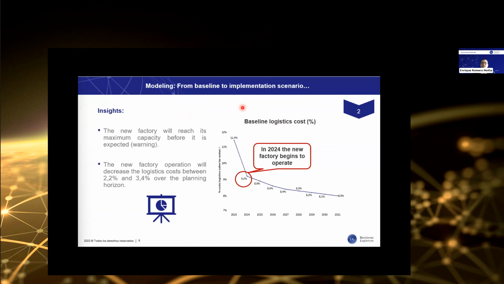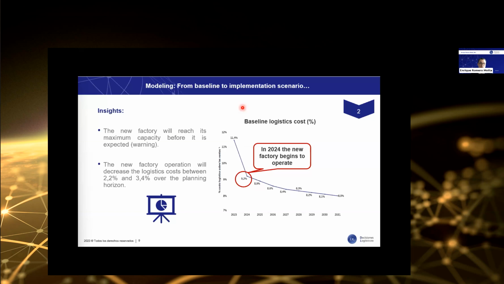We already checked here, in a percentage scale, the baseline logistics cost, and we noticed how the new factory decreased that logistics cost in an important fashion, something like between 2.2 and 3.4 percent, which is a really important amount, considering the business, the supply chain, and of course, the Colombian industries. That is a really, really huge savings, but not created because of our own strategy.